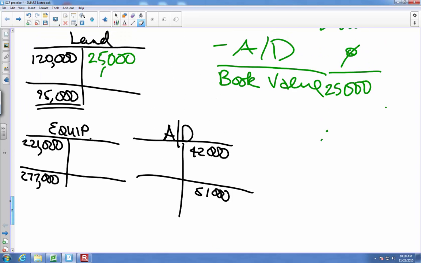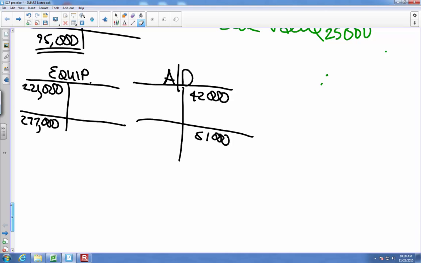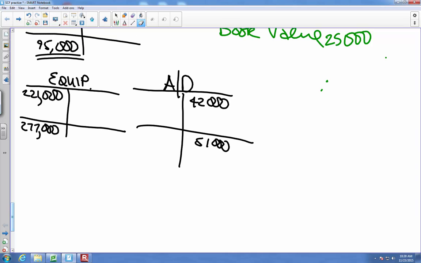What impacted AD for equipment that we already know about? The sale is going to impact it, but we don't know what that does to it yet. What number can I plug into AD?